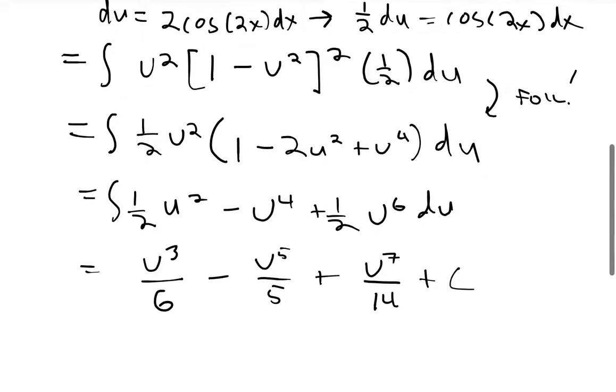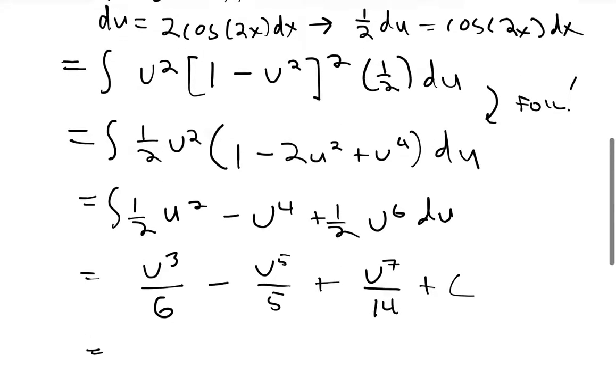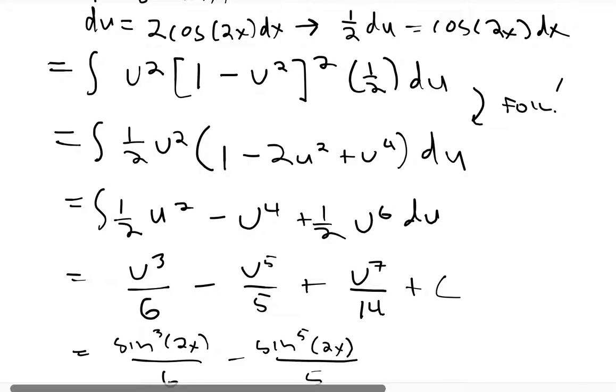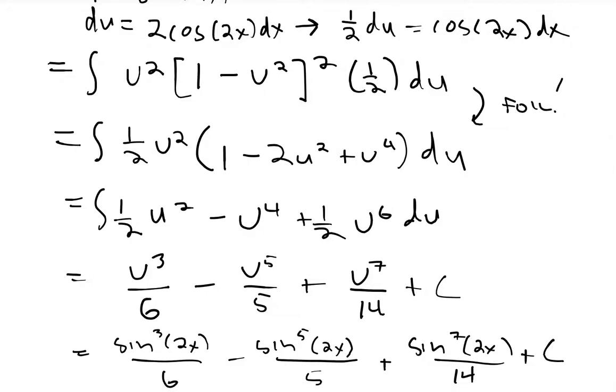And then my final step is, of course, going to be to plug in my u, which we said was sine of 2x. So sine cubed of 2x, sine to the 5th of 2x over here, and a sine to the 7th of 2x over here.